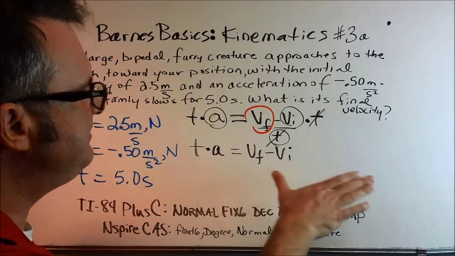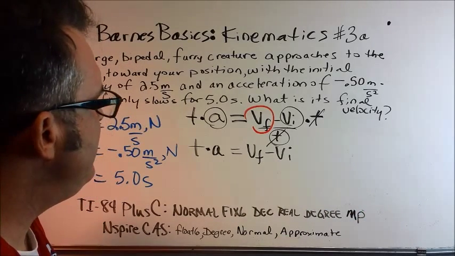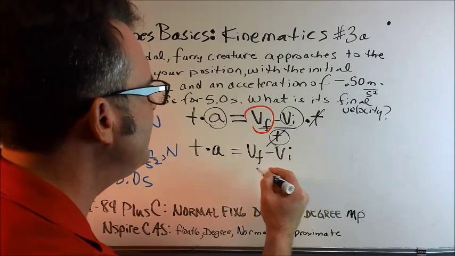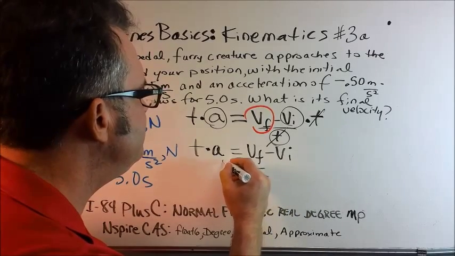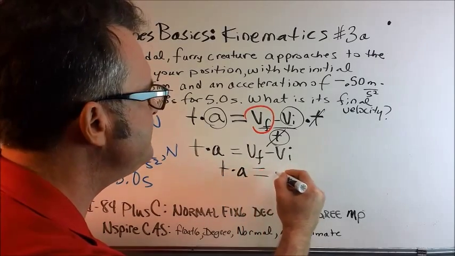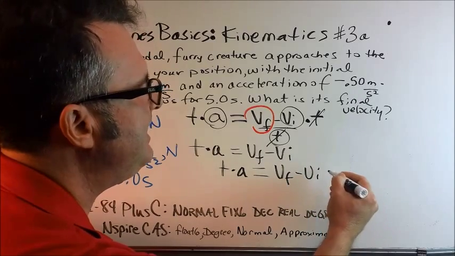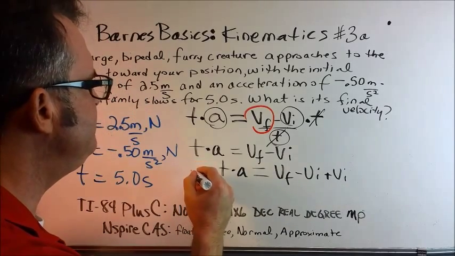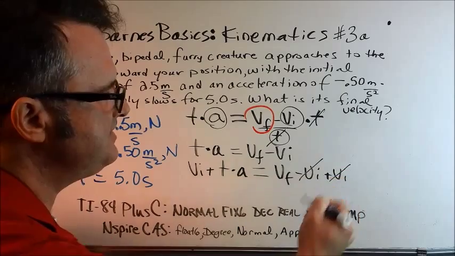So I'm going to shift it over this way just a little bit to make myself a little bit more room. Let's write this a little bit differently. Let's go T times A is equal to VF minus VI. So if I added VI, initial velocity, to both sides, I could cancel this VI.